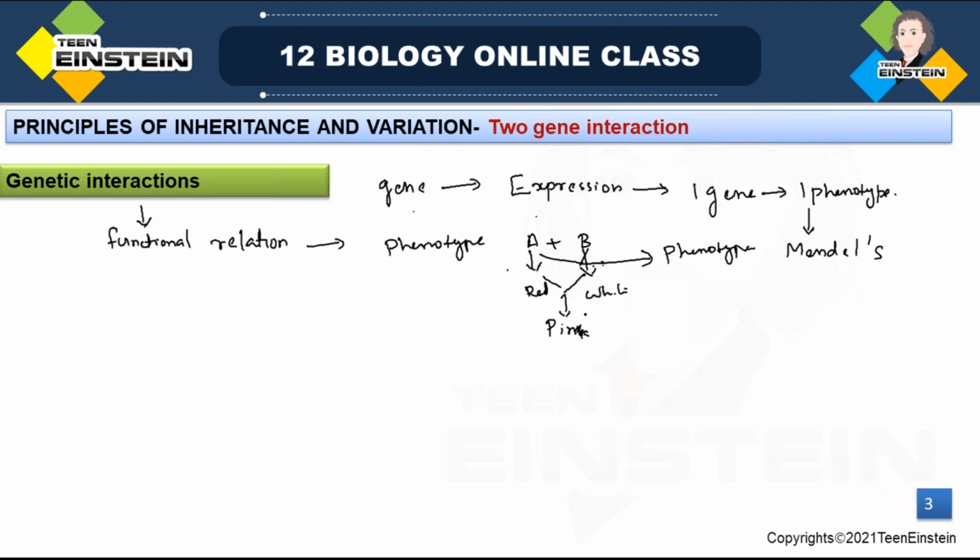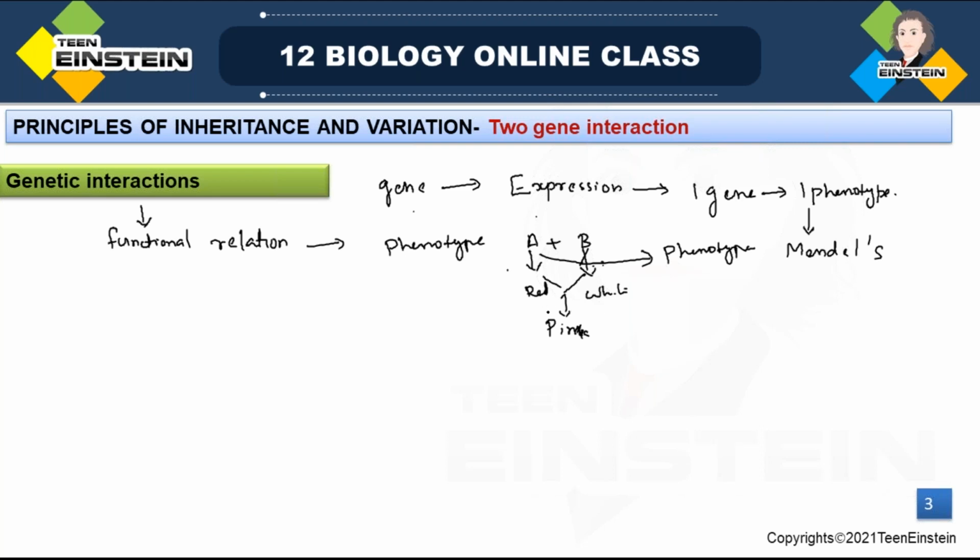How does that different phenotypic expression come? It is due to the interaction between genes. These both genes are interacting, and this interaction results in a different phenotype that is not expected. According to Mendel's experiment, we expect in F1 any one parental character, either red or white.